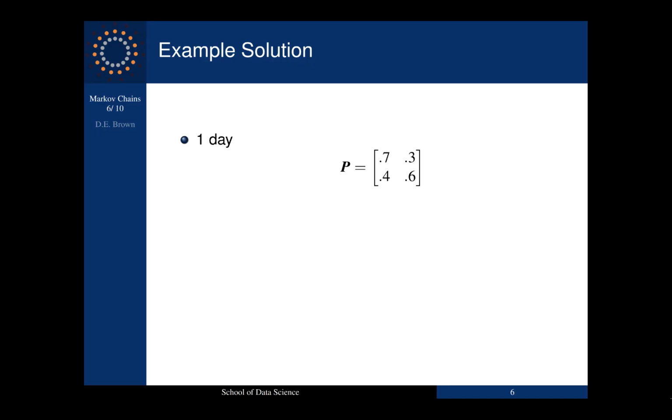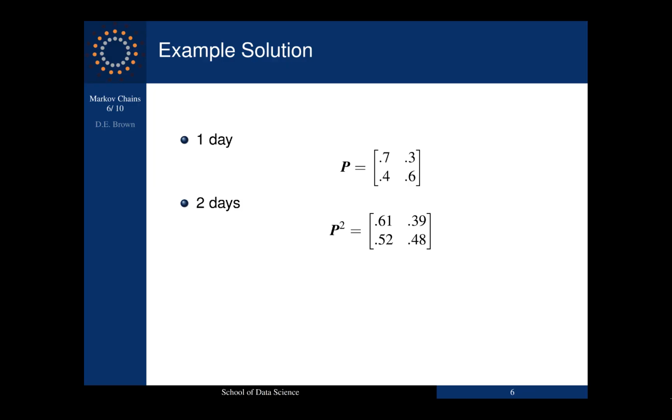Remember again that the first row in this matrix, 0.7, 0.3, is the one-step transition from state 0 to state 0, 0.7, and state 0 to state 1, 0.3. And the second row is the transition from 1 to 0, 0.4, and 1 to 1, 0.6.